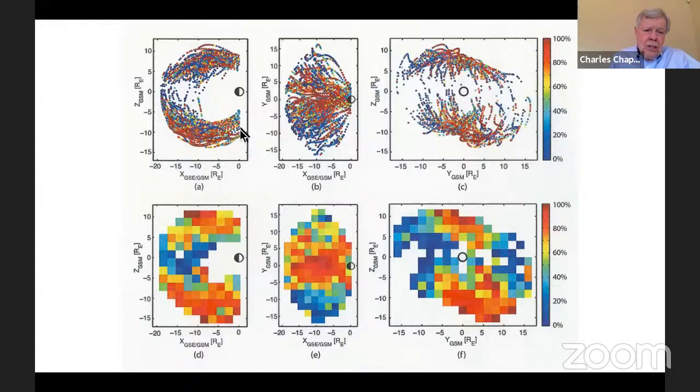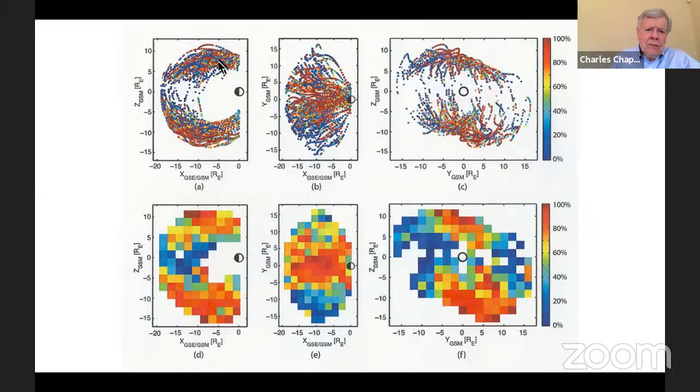This just shows you for the Cluster spacecraft, and again, the scale here is 100% occurrence frequency, 100% red, all the way down to 0 in blue. Look, the sun is to the right. This is Cluster going through the lobes and the plasma sheet here. And you can see a lot of red and yellow, showing that along those orbits, the lobe has polar wind flowing out.